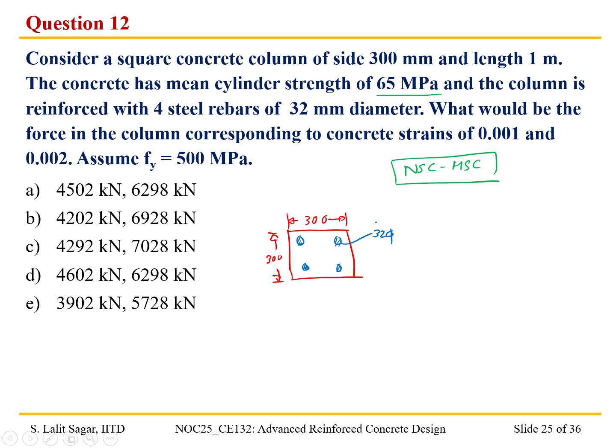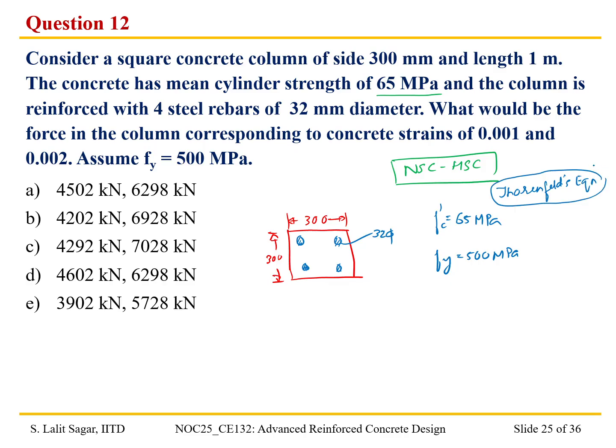Now f prime c is equal to 65 MPa, and fy is equal to 500 MPa. So obviously it is a high strength concrete. So we need to take help of Thorenfeldt's equation.